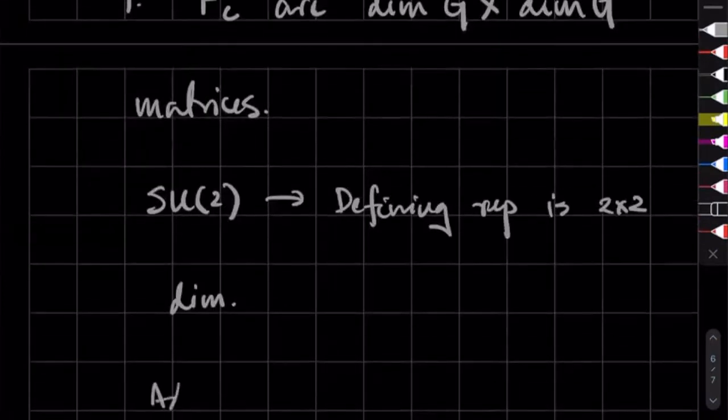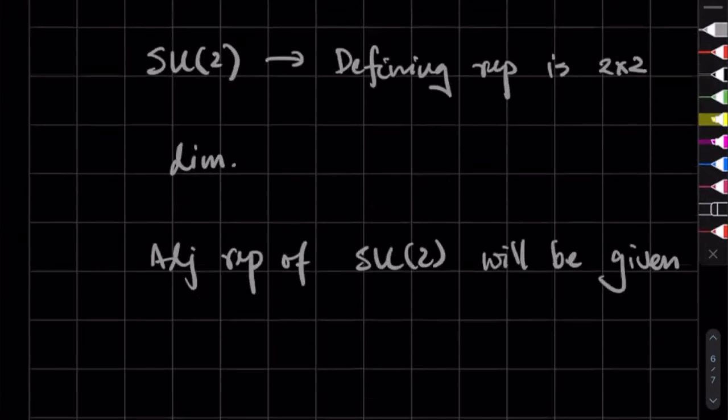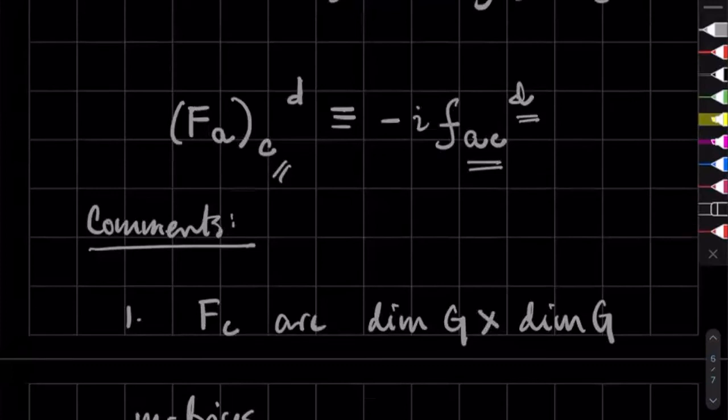But the adjoint representation of SU2 will be given by 3 by 3 matrices, because the dimension of SU2 is 3. And here we see that the definition of the adjoint representation is that the dimensionality of the matrices is equal to the dimensionality of the group or the algebra.